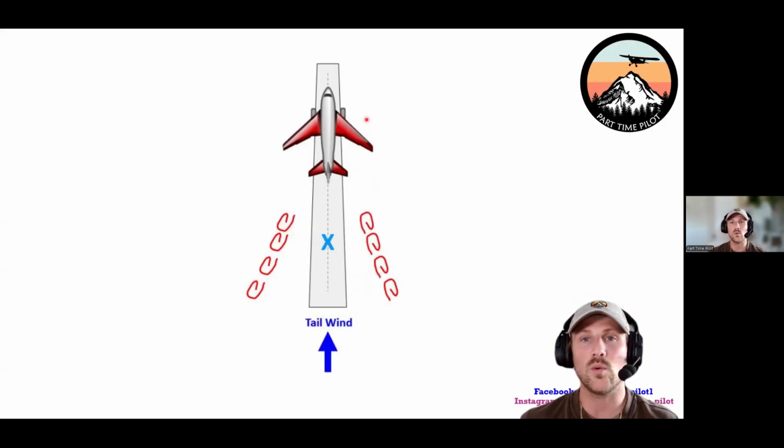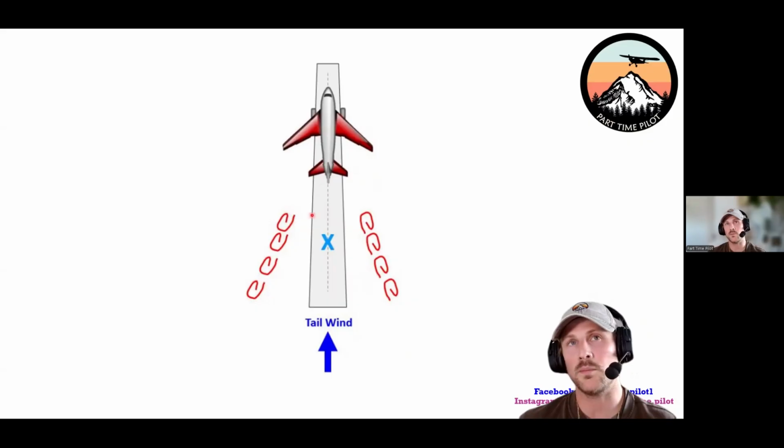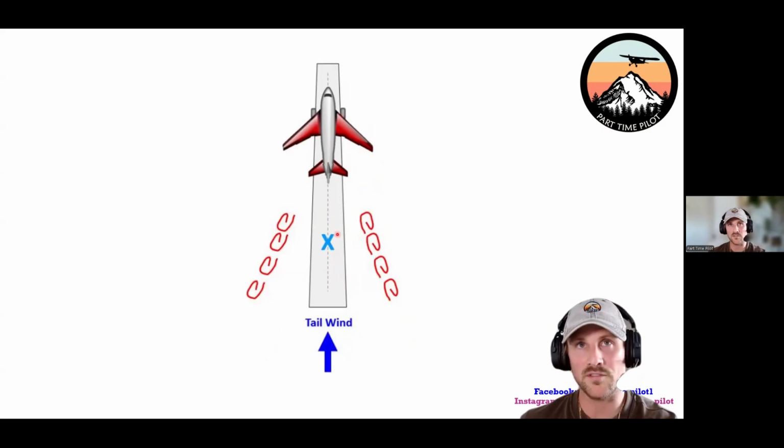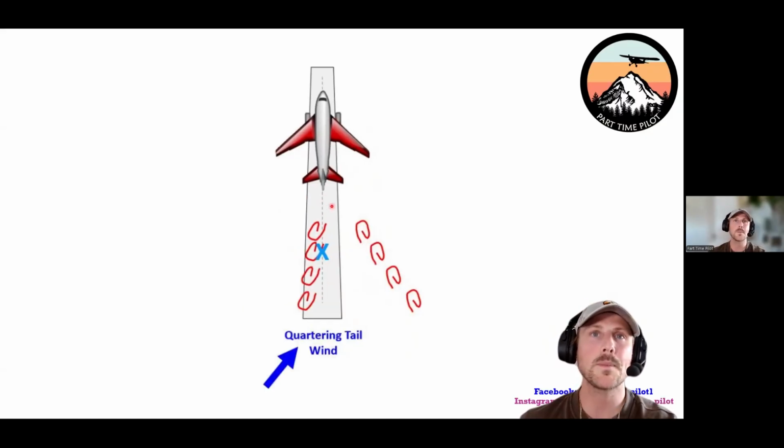Now, if you have a tailwind, it's going to push them up a little bit and have them hang out more instead of propagating behind. It won't have a huge effect, but if you look at the touchdown point, the vortices move above it. The wind is pushing these vortices just like it would anything else, up the runway.